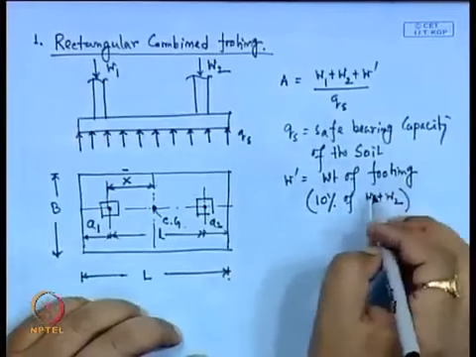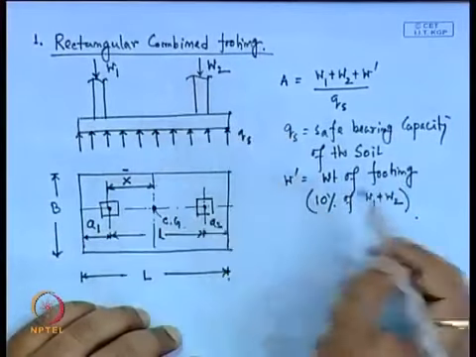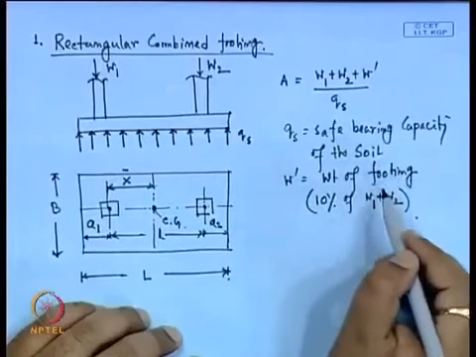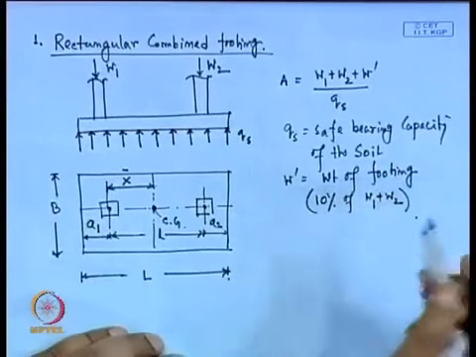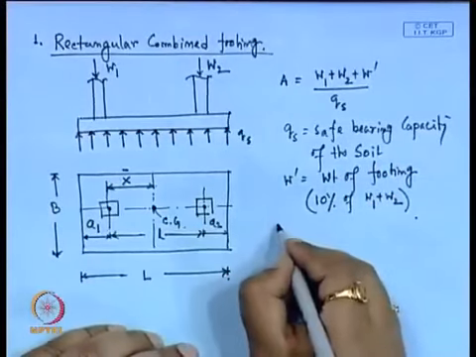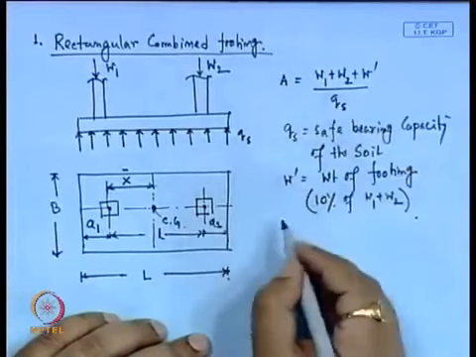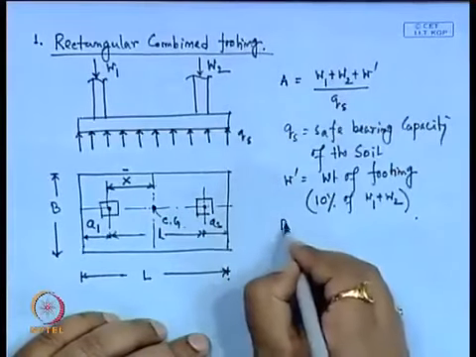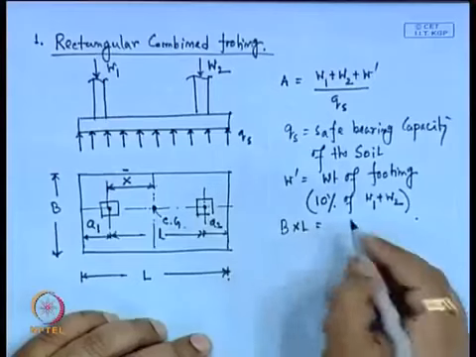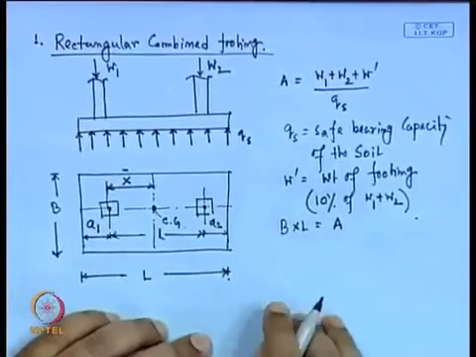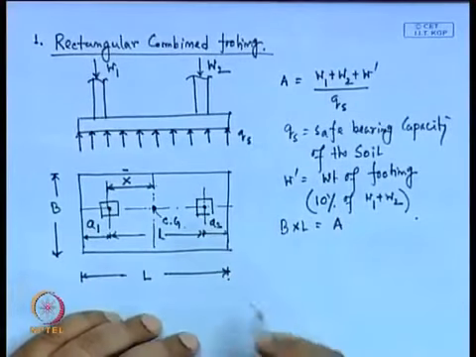That means the total load acting on this foundation plus the footing weight will be 10% of that total load. So we can write that the required area is this, and B into L will be equal to A. This is the area, B into L.